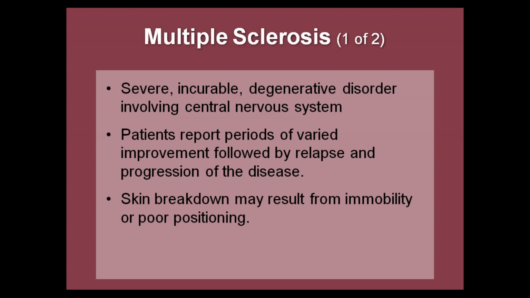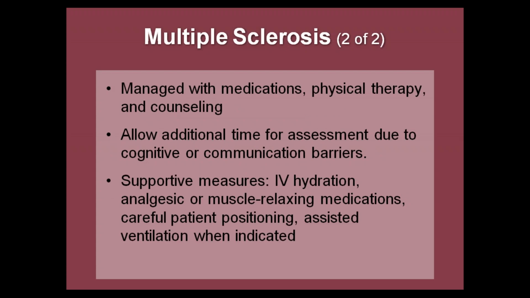So again, we need to be patient with these people. We need to be considerate, and then use some good ABCDE assessments, and then provide them some supportive care, including psychological support. MS is managed with medications, physical therapy, and counseling.